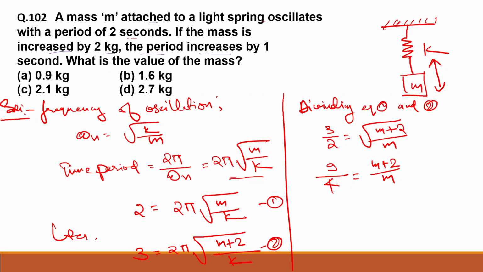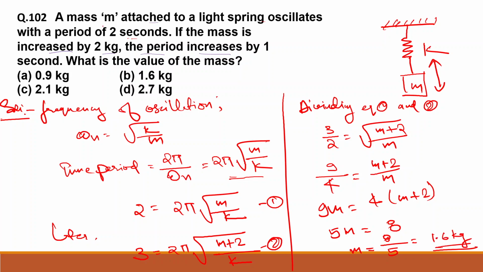By cross multiplying, I get 9m is equal to 4m plus 2. By simplifying, I get 5m is equal to 8. After that I get 8 upon 5, which is 1.6 kg. So the value of mass is equal to 1.6 kg.